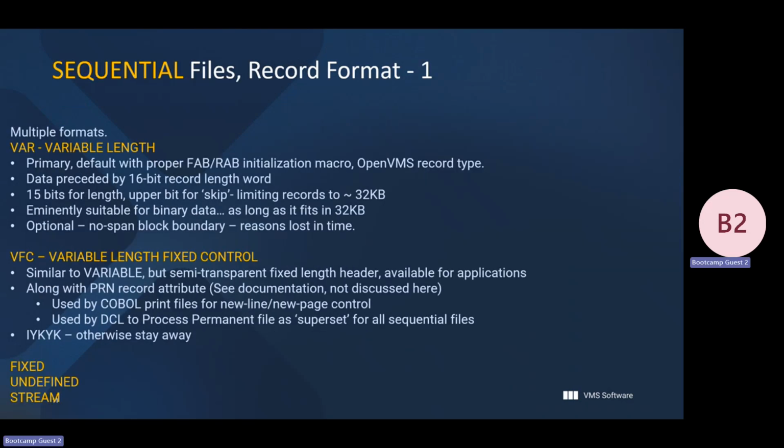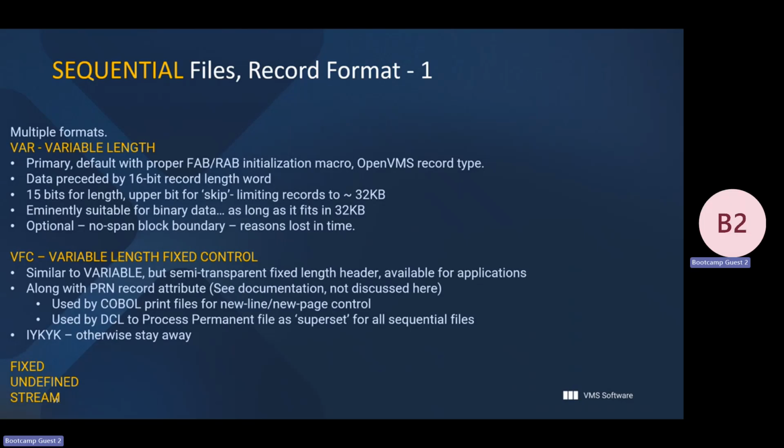All right. So now we've talked about the sequential files, the relative files, and the index files, and the records within them. Those records have a shape, if you like. They have a format, and the dominant VMS format, if you just say create a file, hello world, stop, is going to be variable length record data.